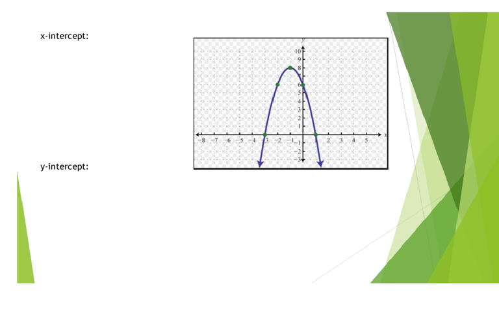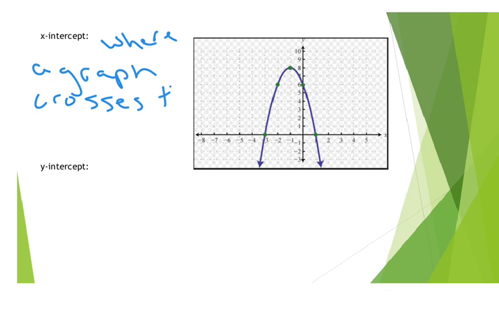So now we're going to talk about the x-intercept. So the x-intercept is where a graph crosses the x-axis. So if we're talking about the x-axis, we're talking about the horizontal one, the one that runs left to right.